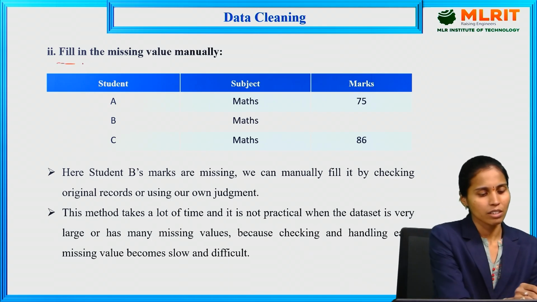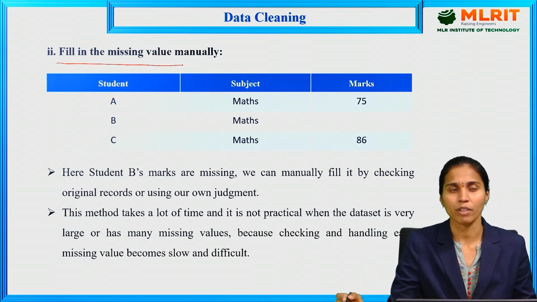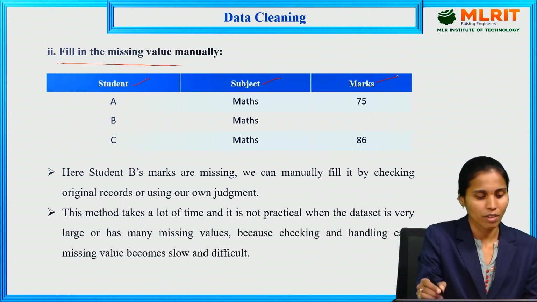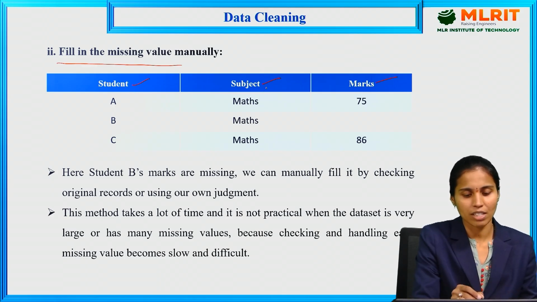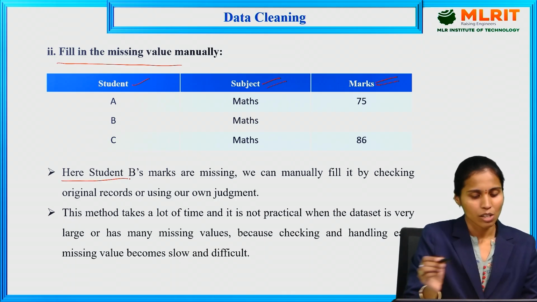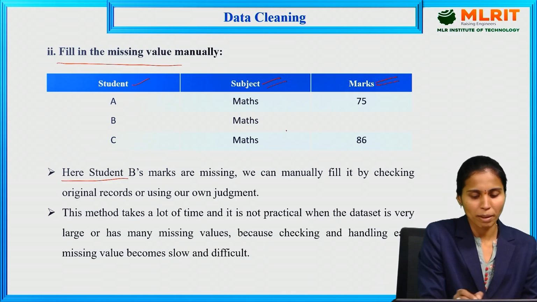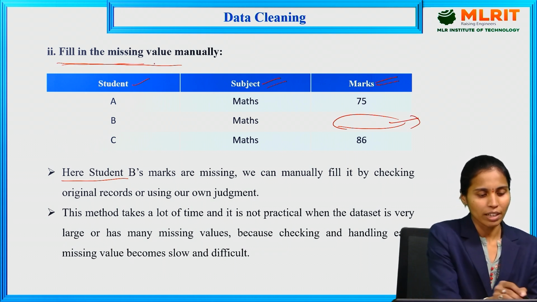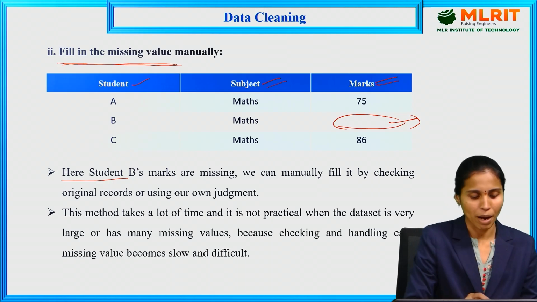Second one is fill in the missing values manually. For example, in this table we have three columns. First one is student, second one is subject and third one is marks. Here student B's marks are empty. So this is a missing value. How can we replace it? By filling in the missing value manually.